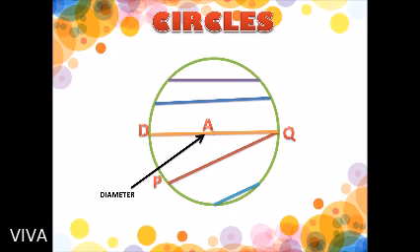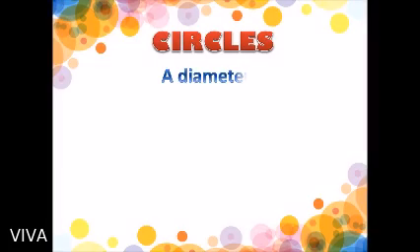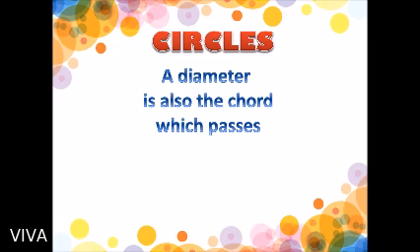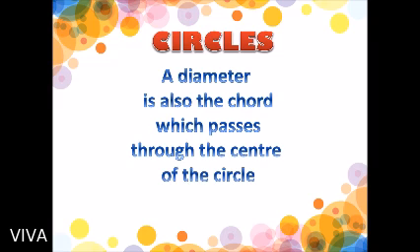The other line segments are called chords of a circle. We see that diameter is the longest chord of a circle. The diameter is also a chord which passes through the center of the circle.